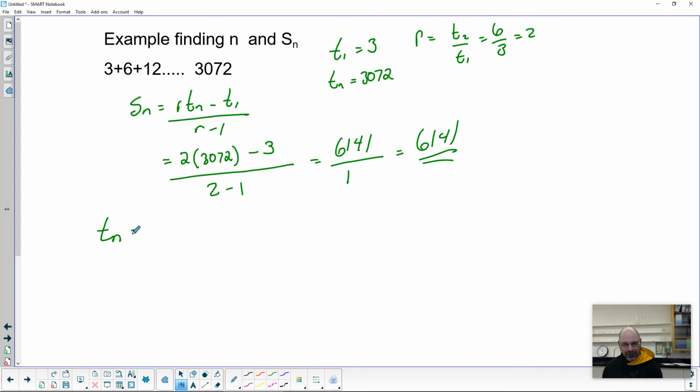Tn equals T1. Okay, because if we go to the other, we could use the sum formula. We could use this one. Or we could use the original first one, which, oops, I forgot.